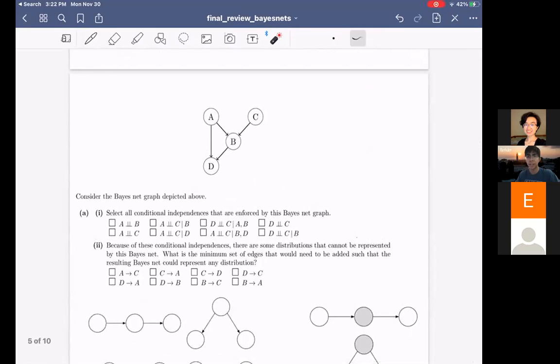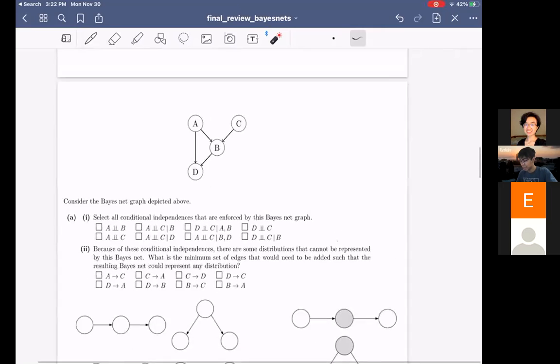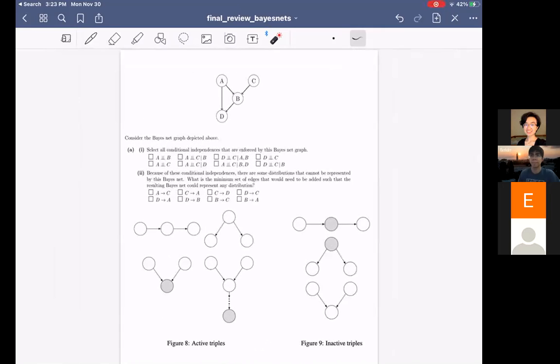So let's start with just doing a problem on this Bayesnet. If you have paper, try to draw this, and then try doing part A with 1 and 2. So the first part is just going to be, what are the conditional independences that are enforced by this Bayesnet? So what are things that are guaranteed to be independent? And I've pasted the triples here, so you can reason about them. So let's take like 3 minutes to try to do this one.